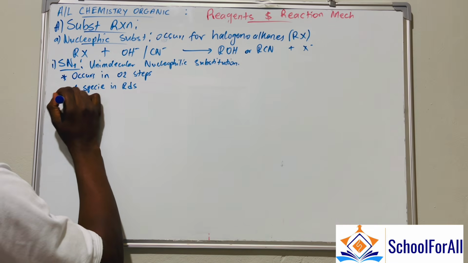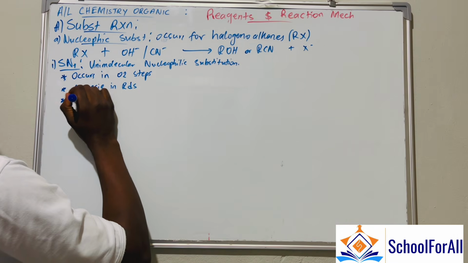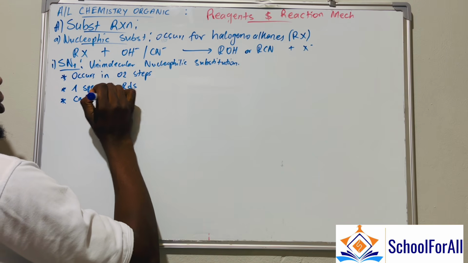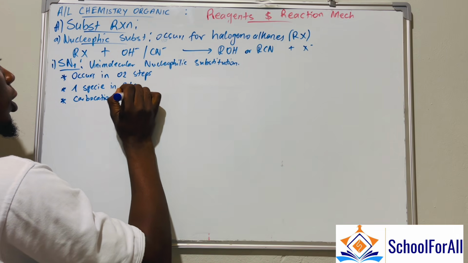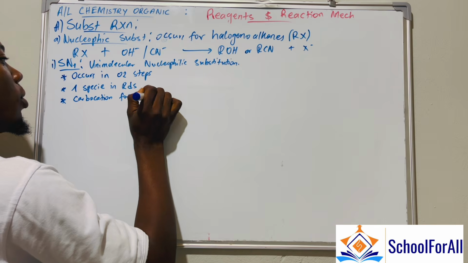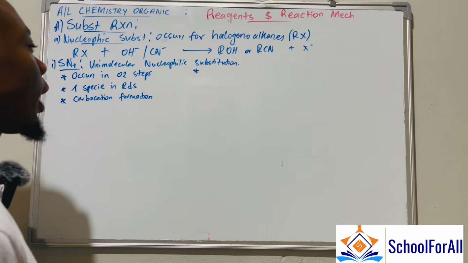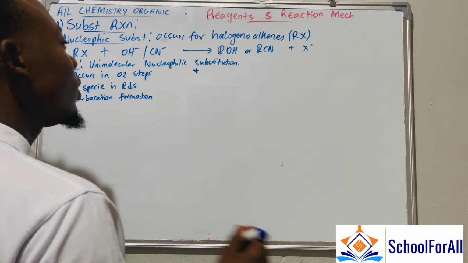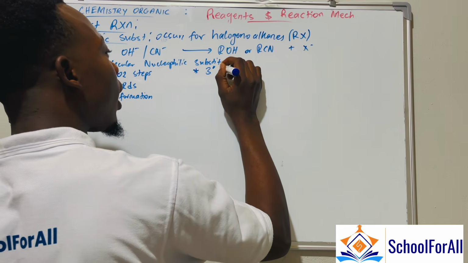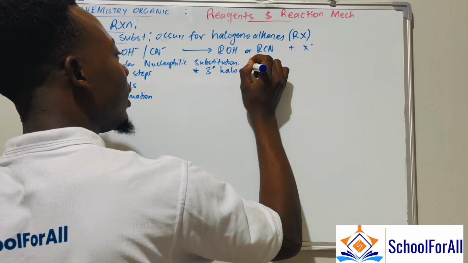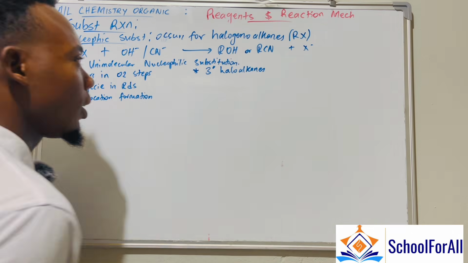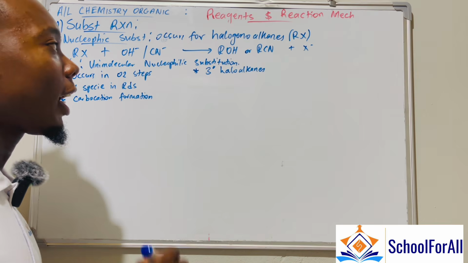Next, in this type of mechanism there is a carbocation formation. And the last characteristic you have to know is that this reaction generally occurs for tertiary haloalkanes. So I hope you know the difference between primary, secondary, and tertiary haloalkanes.